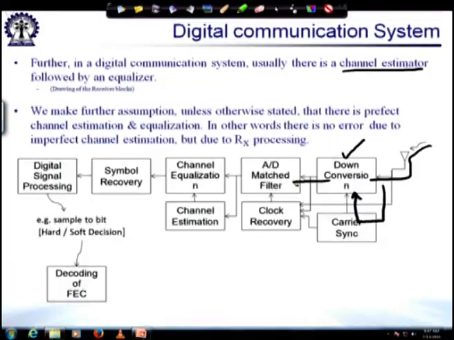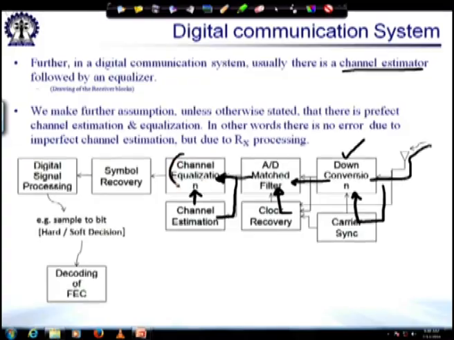After down conversion, it goes through the matched filter, where again different signals come in and a recovered clock is generated. This signal is fed forward to the channel equalization, where channel estimation precedes channel equalization and the channel information is fed into it.